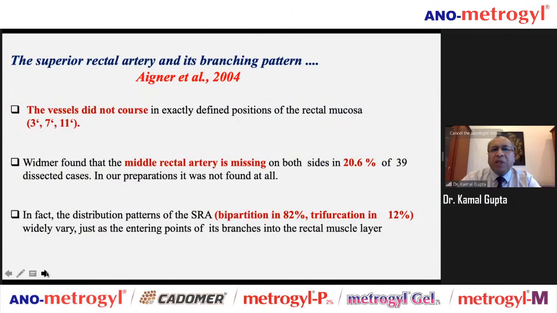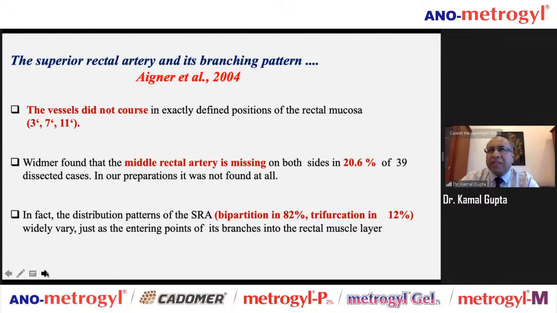HAL is an effective ligating procedure, and HAL is responsible for cure of symptoms. Now, there was a publication by Aigner in 2004 where he explained the superior rectal artery and its branching pattern. As you can see, it is well postulated that the vessels were not always present at 3, 7, and 11.